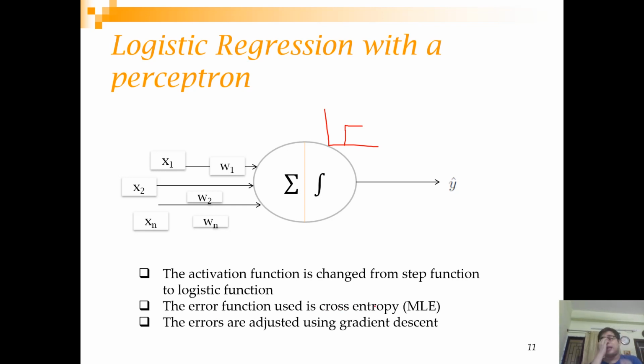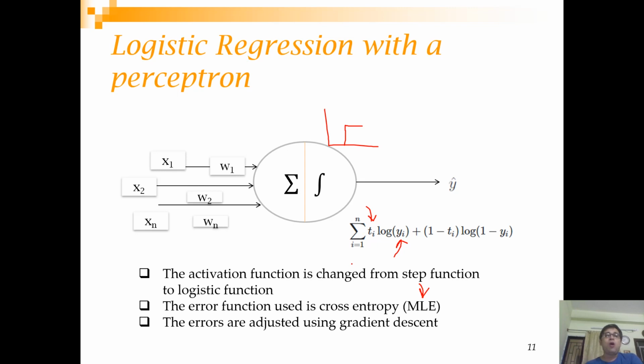If you remember, when we were trying to find the parameters of logistic regression, we were using a method called MLE, or maximum likelihood estimate. If you use maximum likelihood estimate, the loss function is nothing but this, where ti is your actual value and yi is the one that you are getting predicted.